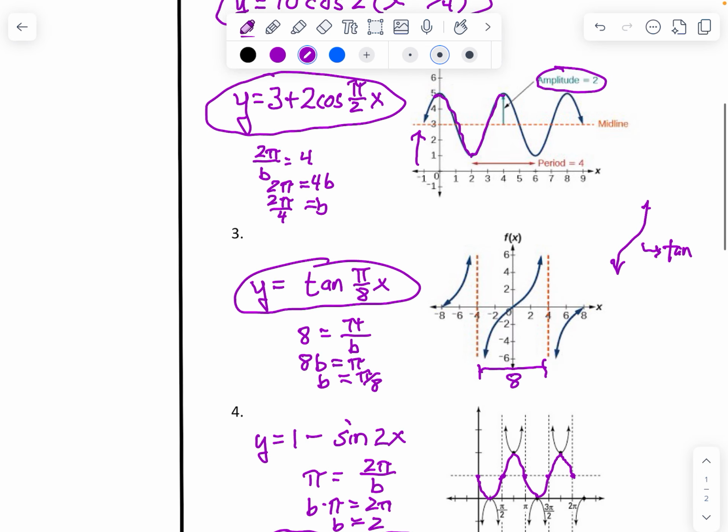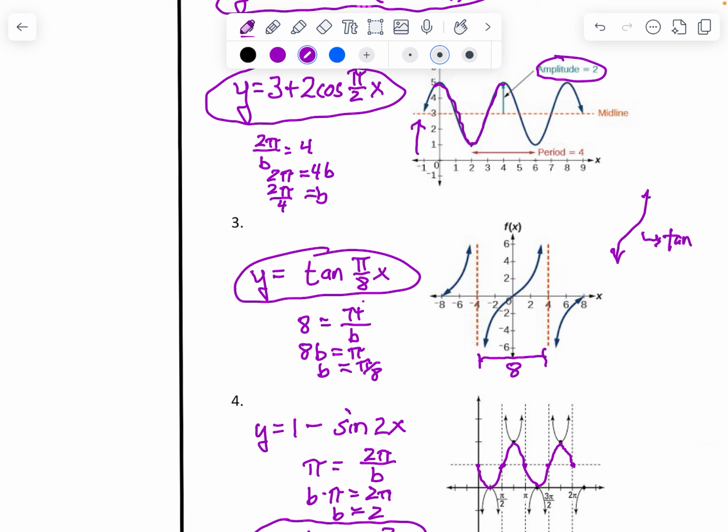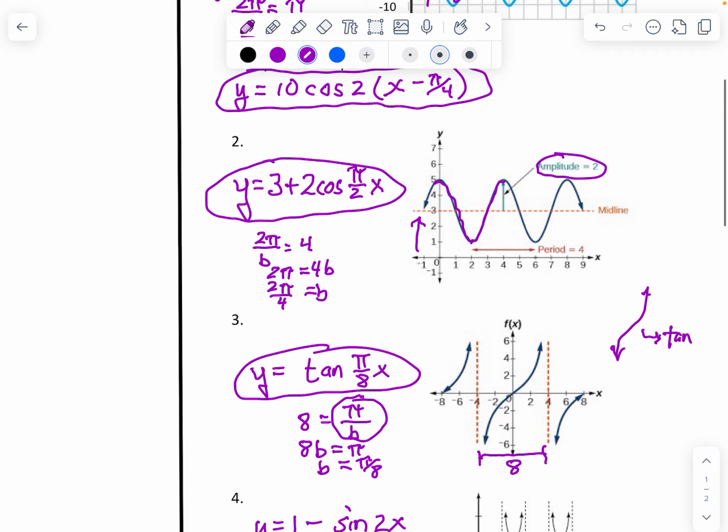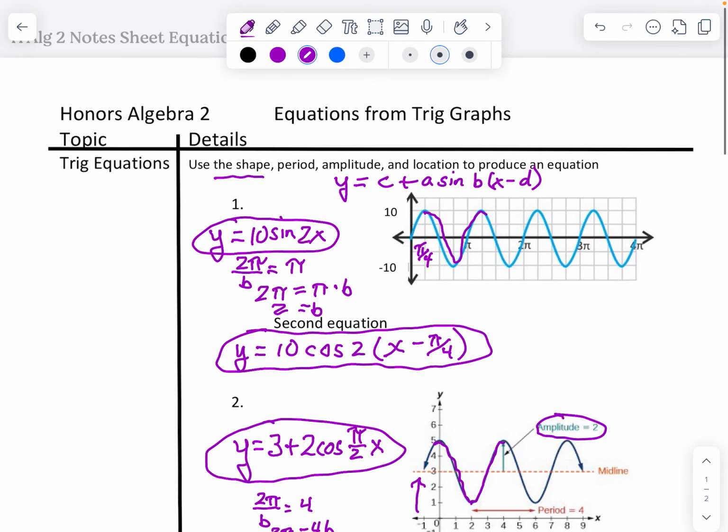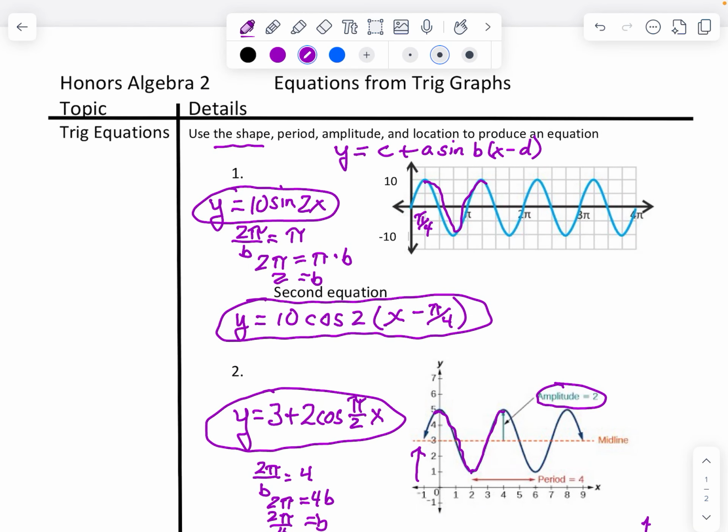Notice when we did a tangent, it was just pi over b for the period of tangent and cotangent. Find out what your b is, and then you can look at whatever kind of translation there is. Is it translated up or down or side to side? And then use all of that information to finalize what your equation is, using the graph to come up with it.